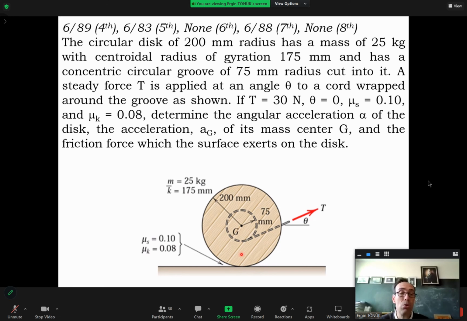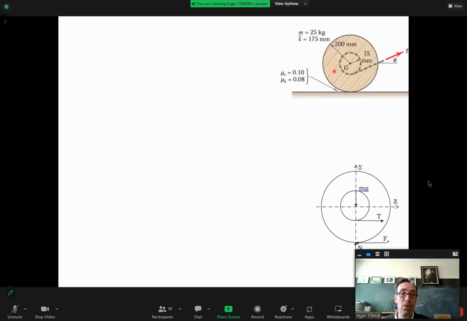But we have no clue whether it's going to slip or not. So we have to make an assumption and then check if it is true or not. So what I'm going to do is, that's my figure. I draw the free body diagram for what is given.